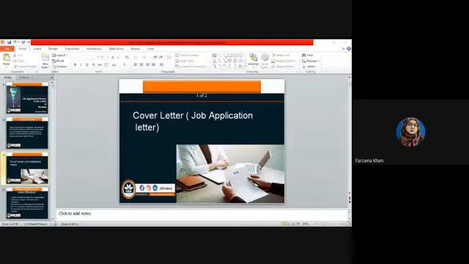A well-written cover letter is an opportunity to show the reader your immediate value, your personality, your unique fit, your skills, your enthusiasm, and how you can be the perfect person for the position for which you are going to apply.